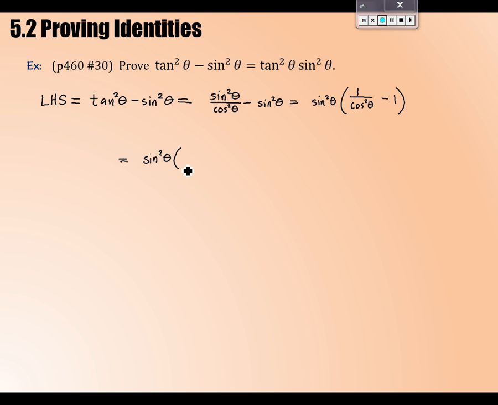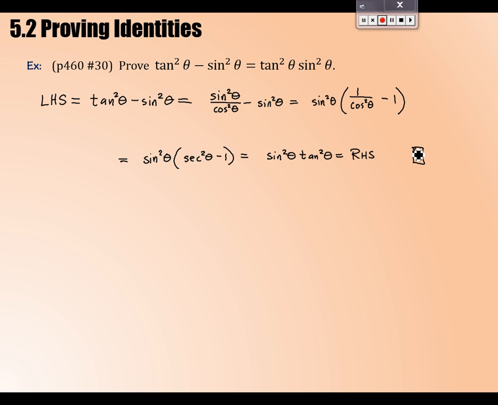If we wanted, we could write that as a secant squared theta minus 1, which is tan squared. But then do you have to prove something on the right-hand side? No, I think we're done. You don't have to do anything on the right-hand side once you get the left?